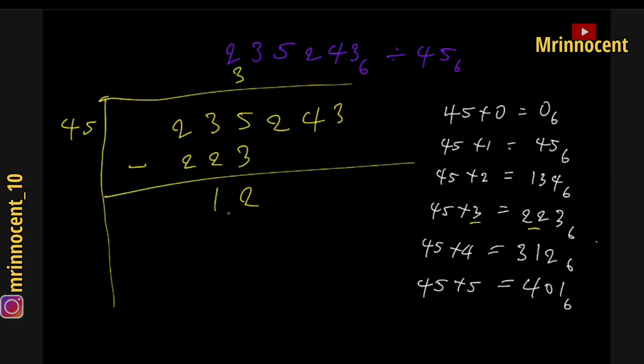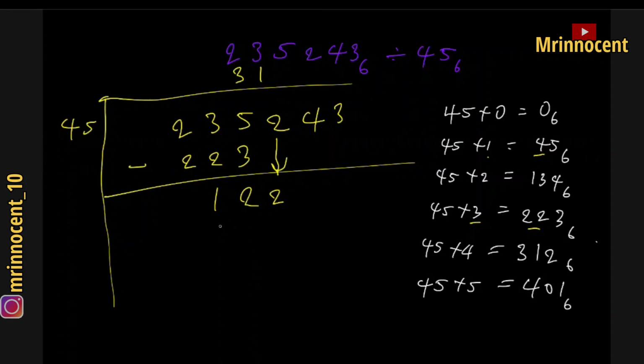So 45 divided by 12 cannot, bring down 2. 45 divided by 122. So you come to your chart table and look for a number that is 122 or that comes before 122. When you look, this one is 134 and this one is 45. So your answer is 1.